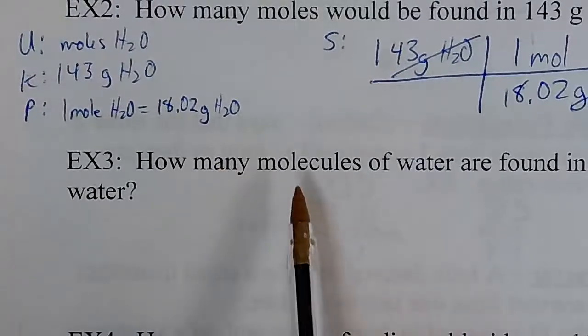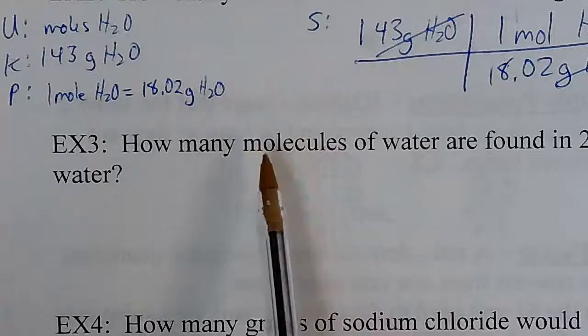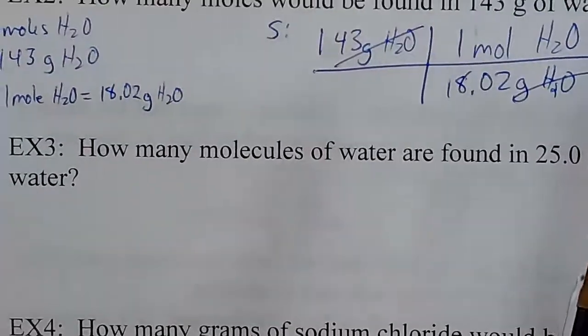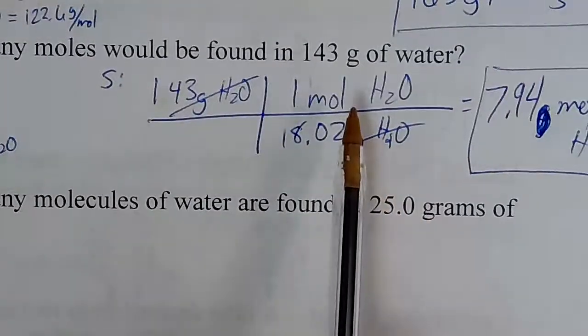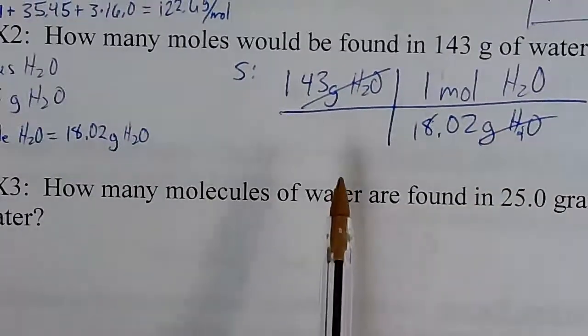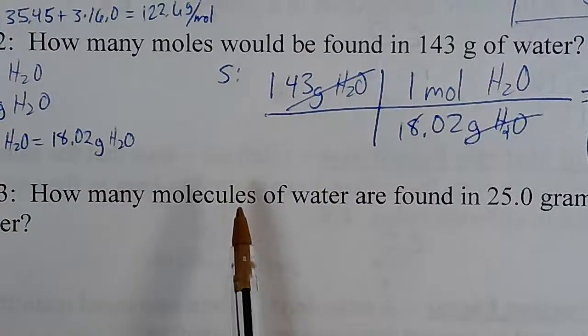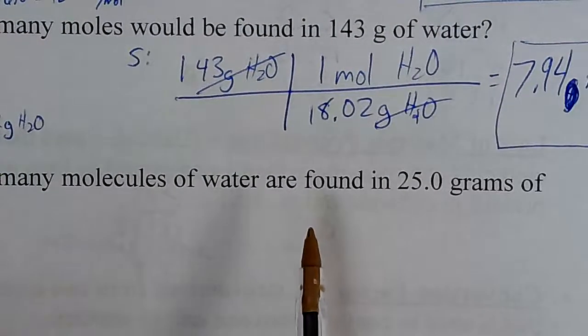All right, example 3 is going to take more than one step because example 3 asks us how many molecules of water are found in 25 grams of water. So last time we started with grams and we were able to go to moles. So this is going to be one more step than that because now we want to go to molecules. Does anybody remember from yesterday how many molecules are in a mole?